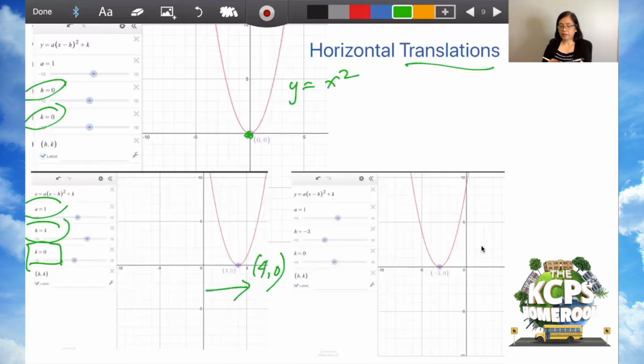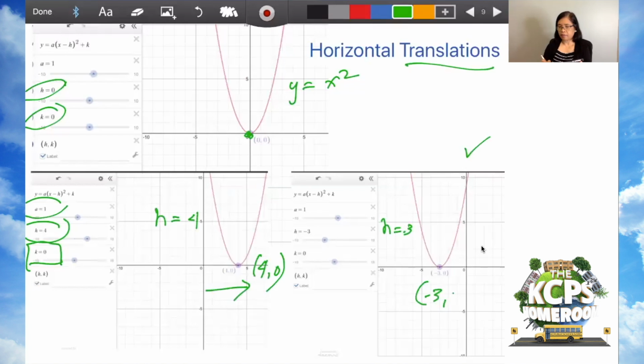And on the second graph here on the right, notice the difference. This is h is 4, and here h equals -3. Notice the coordinates here.